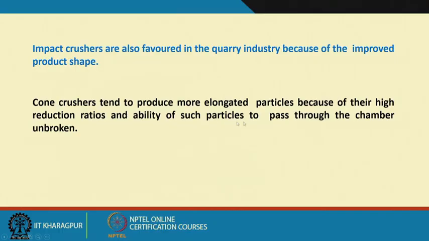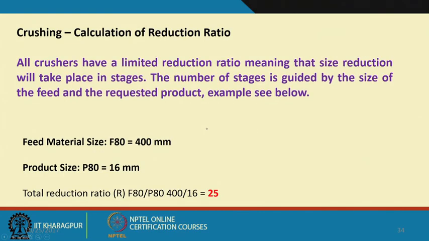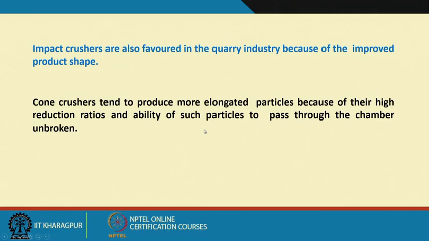Cone crushers tend to produce more elongated particles because of their high reduction ratios and the ability of such particles to pass through the chamber unbroken. If they are elongated, because of the orientation change, they may pass through the discharge opening without further breakage.